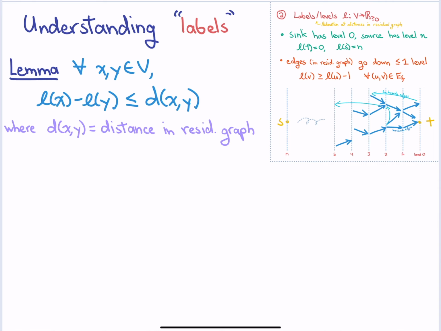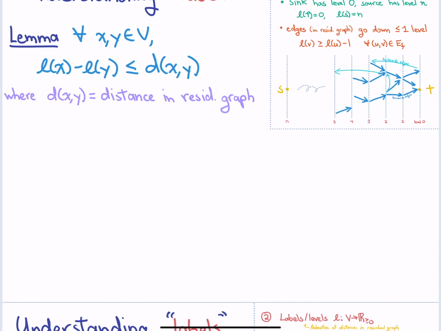Right, so I can try drawing a picture. The interesting case is when the level of x is bigger than the level of y, because in the opposite case, it's a negative number, so the inequality comes for free. Okay, so this is some x, and this is some y, right?